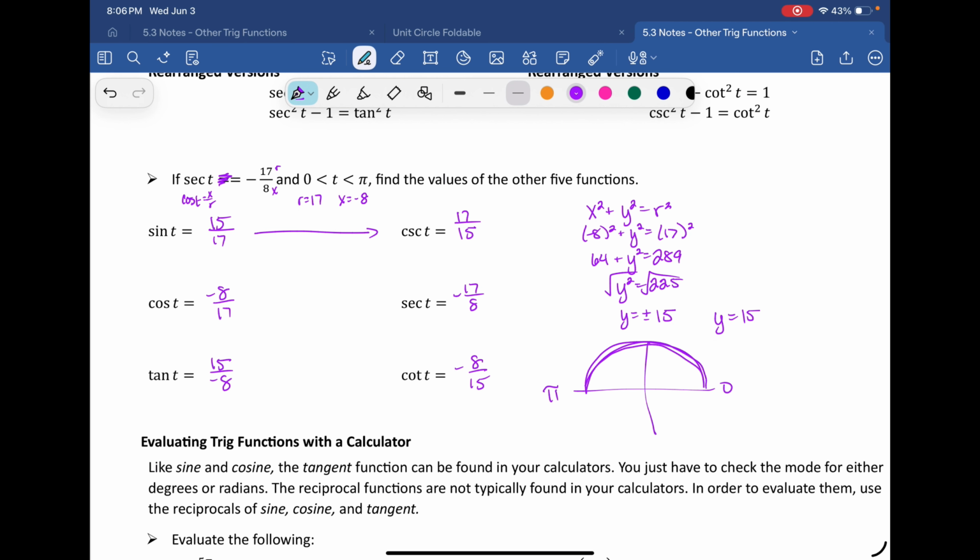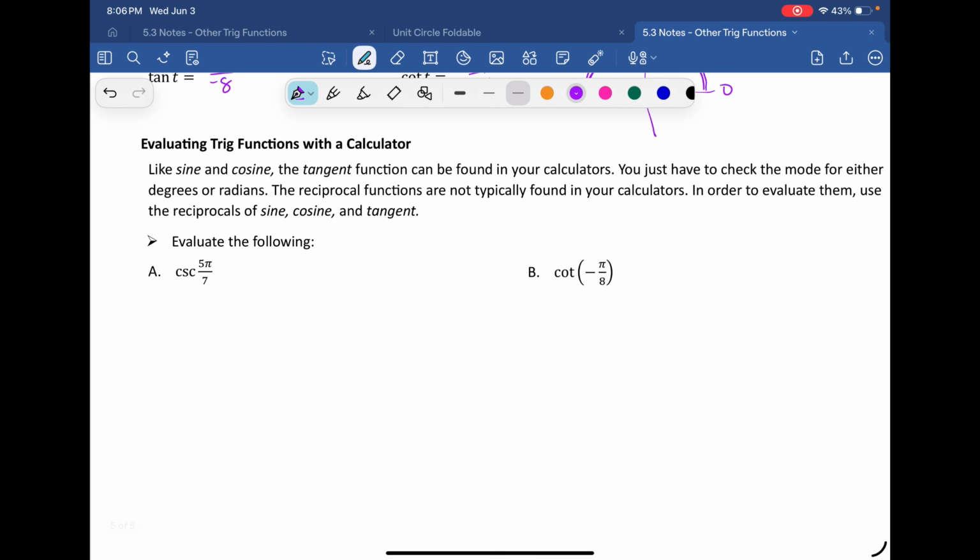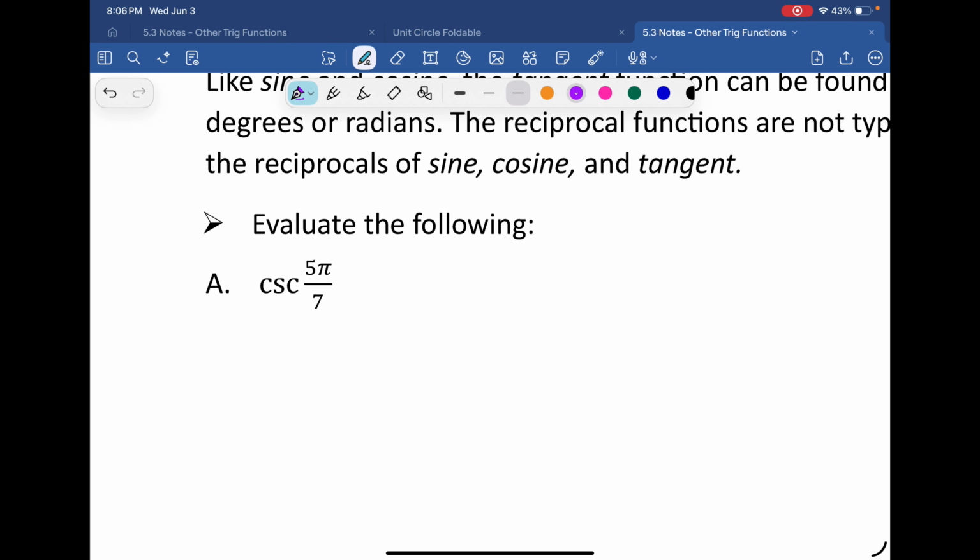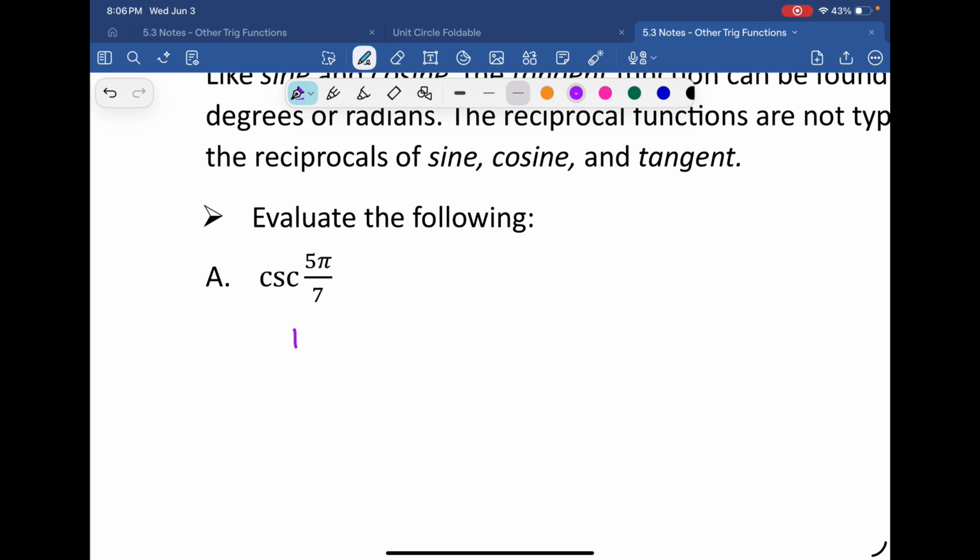All right, now evaluating reciprocal functions in your calculator recognizes sine, cosine, and tangent. It does not do secant, cosecant, and cotangent. So if I want to enter these in the calculator, I have to use the reciprocals. Cosecant is 1 over sine, with that 5 pi over 7 being in radians.